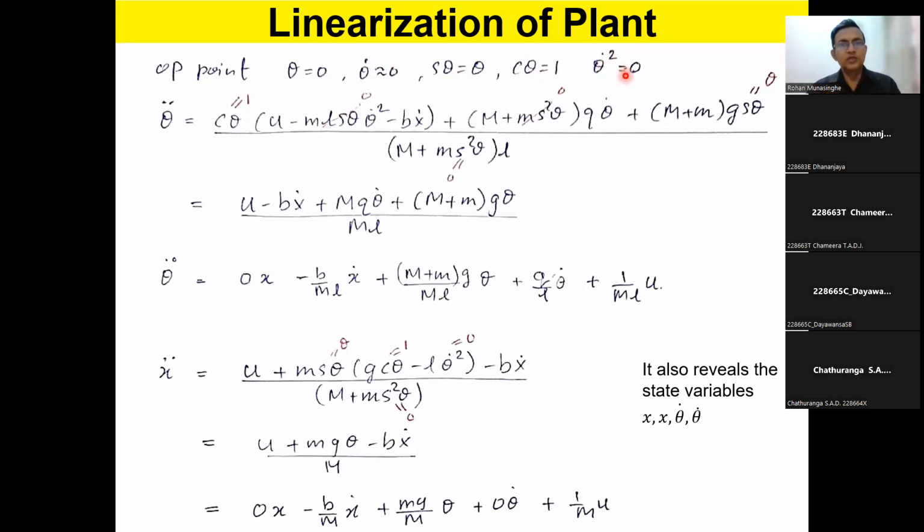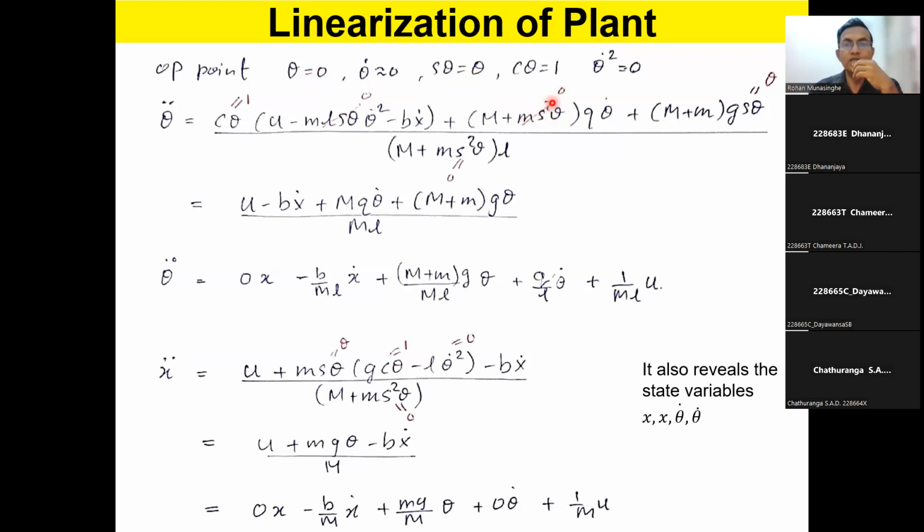So with these assumptions, some of the variables in your equation change. Cos theta becomes 1, and sine theta becomes 0, and this sine theta also becomes 0. Sorry, sine theta is actually theta, but theta is very small, and theta square is even smaller.